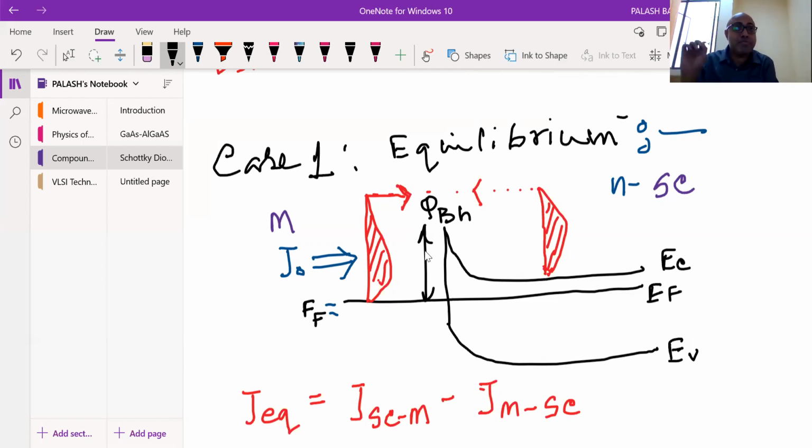So up to today, it's a kind of physical thing that we have understood. Tomorrow onwards, we have to go for the detailed derivation for the IV characteristics. Okay, so now I'm stopping over here, and please let me know if you have any doubt.